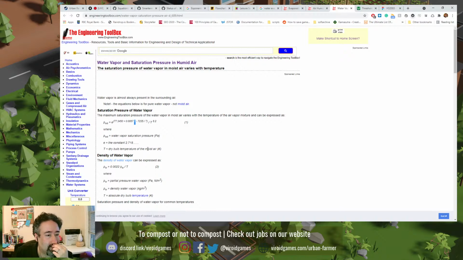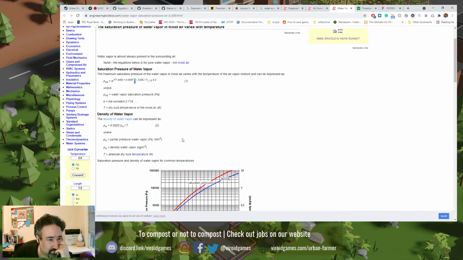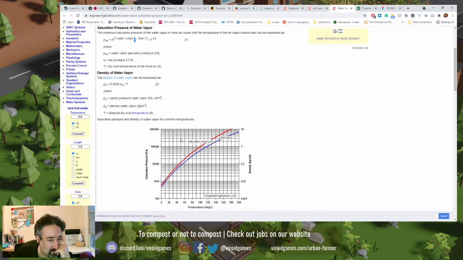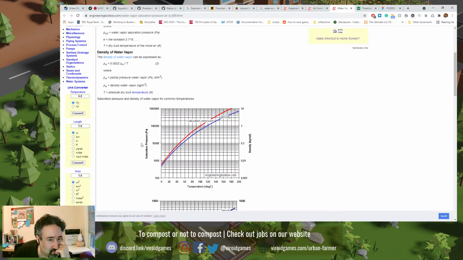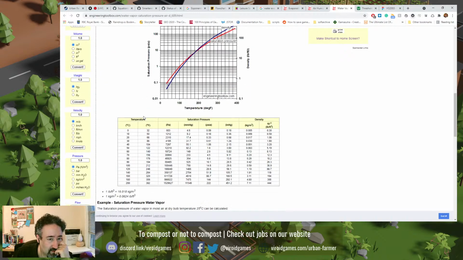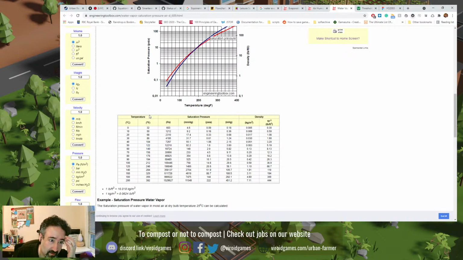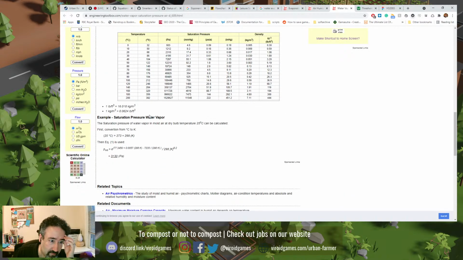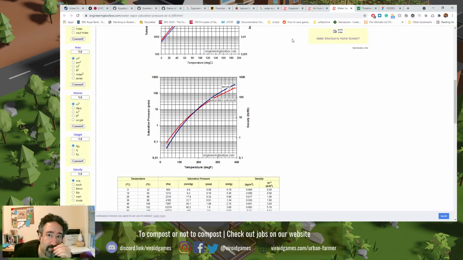Okay. What is dry bulb temperature of the... these values are close enough that I think I will bullshit my way through.